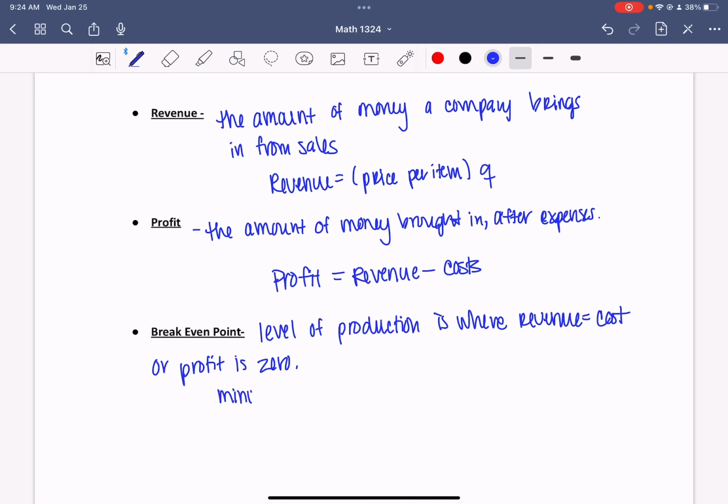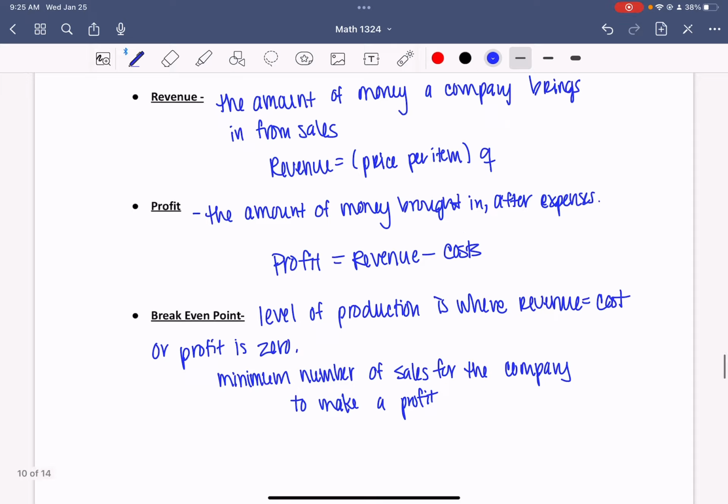And what we're looking for when we do that is the minimum number of sales for the company to make a profit. And that's important to know that. If you're trying to sell something, you're trying to make a profit from it, knowing when are you going to break even. Now, obviously, we want to be above break even, but having that set value of like, okay, here's the minimum of what we need to be at.